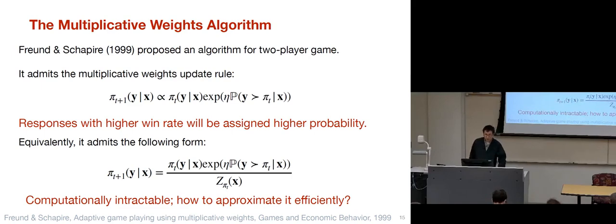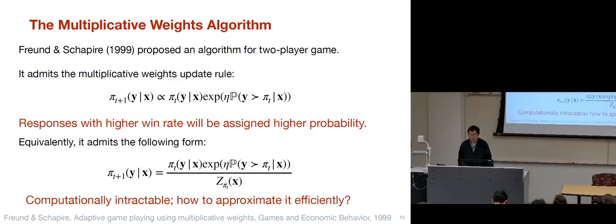We can also write this algorithm in the following formula where we introduce the partition function, which is the integral of the numerator with respect to y. However, this update, because of the partition function, is not easy to compute, which makes this algorithm computationally intractable.